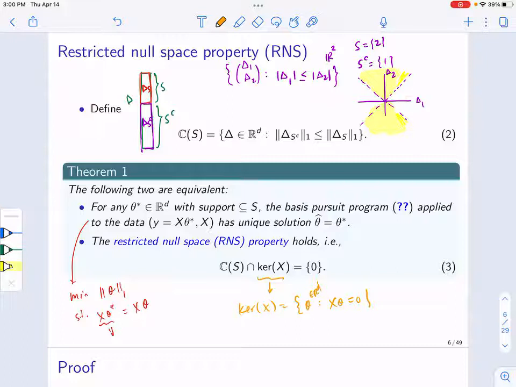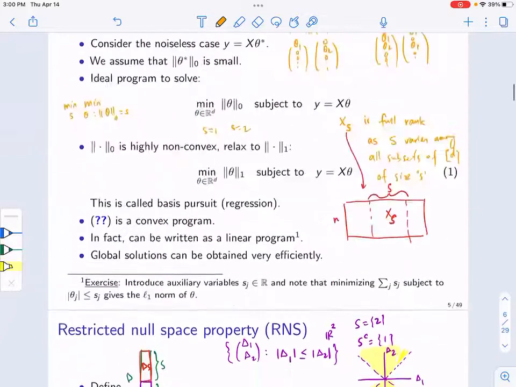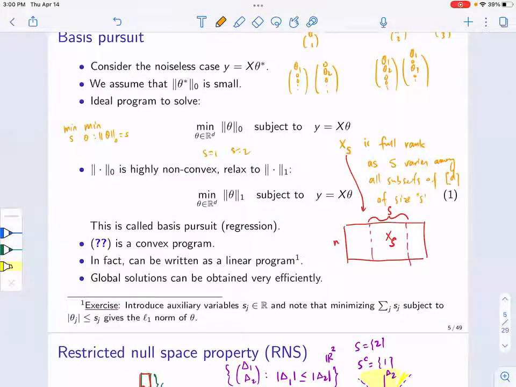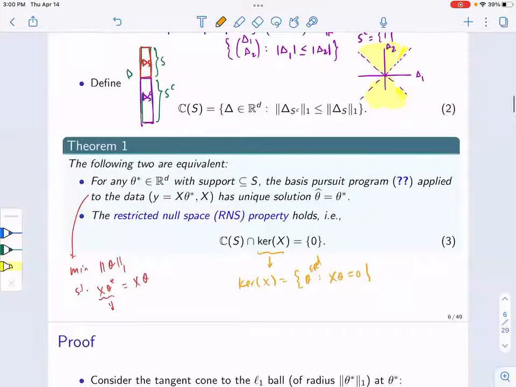So this is a very nice result because this is some sort of a condition on the X matrix, similar to the one that we had, right? So this was a condition on the X matrix and also the support that we care about. This is similar, a condition on X and the support that we care about. So how do we prove this?